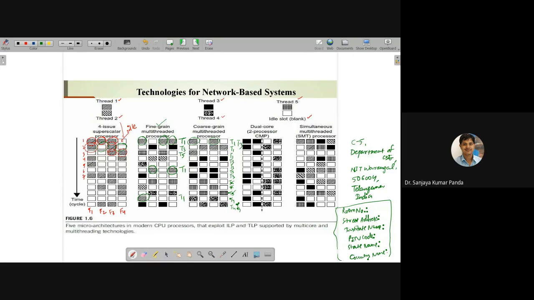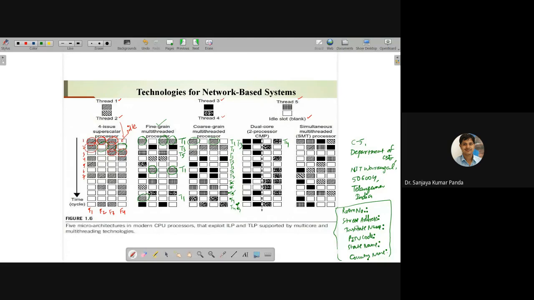Similarly, here I have started thread 4, and for a couple of cycles it is going to execute T4. So instructions from different threads you can execute in different cores, and you have to provide a complete clock cycle, not one clock cycle.